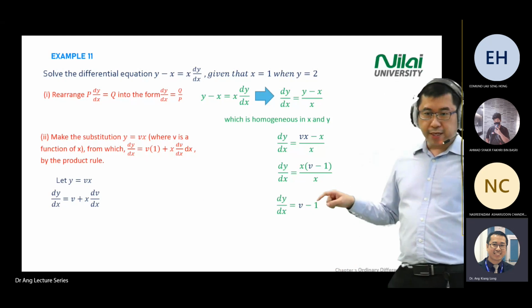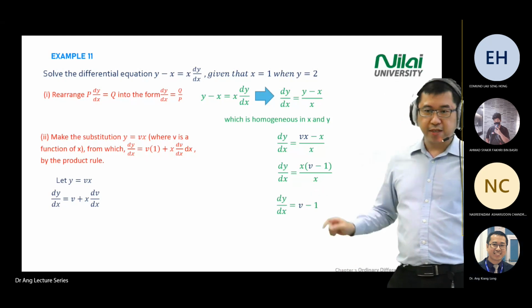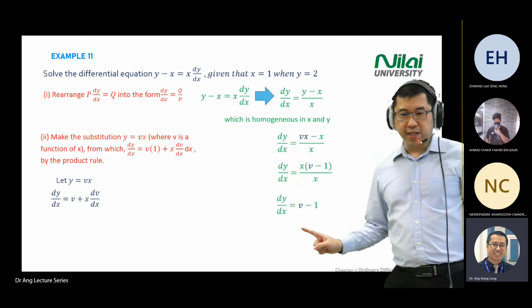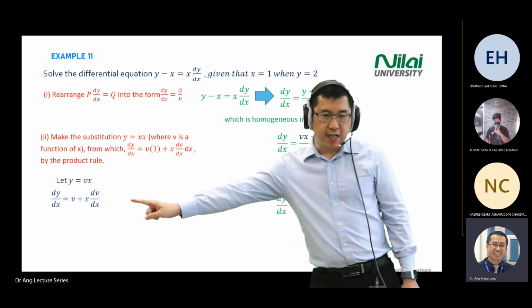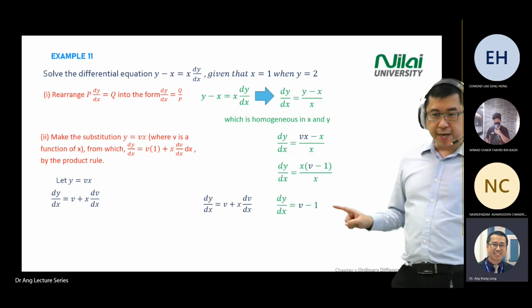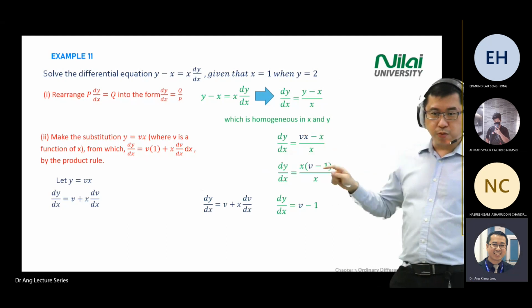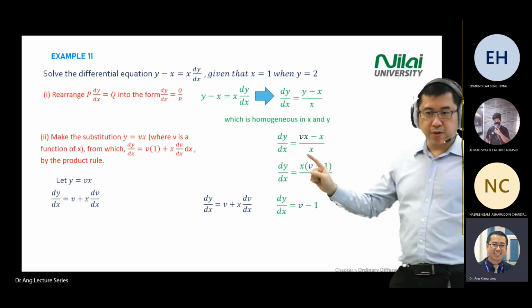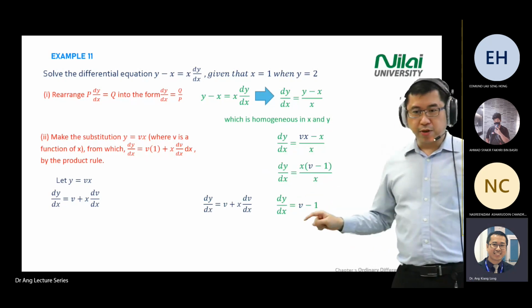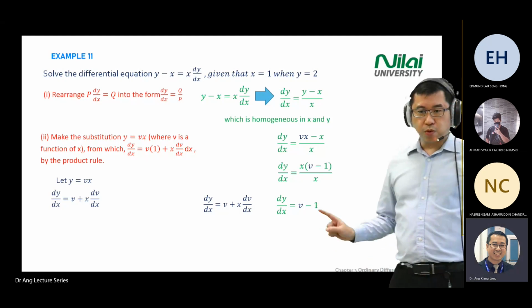After you get dy/dx equal to something in terms of v, you put this and this equation side by side. I put them side by side for you. After you convert your y to v something, you rearrange, cancel whatever you can cancel. Then you will see that your equation will be in terms of v. So you put them side by side.